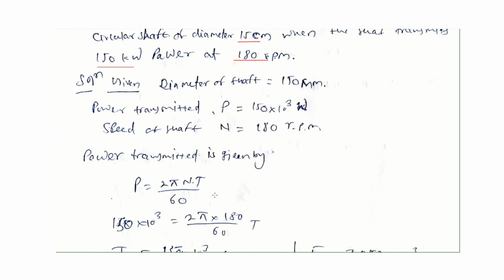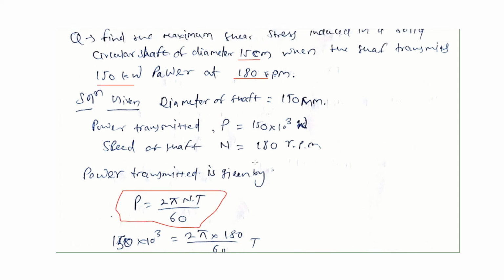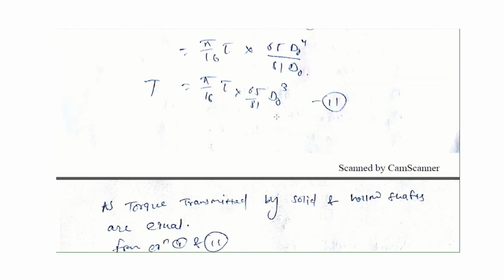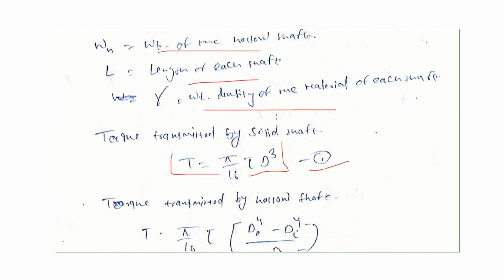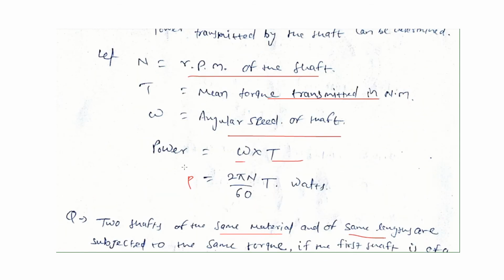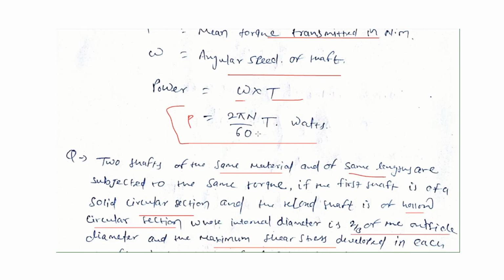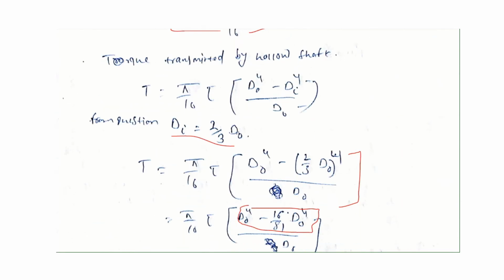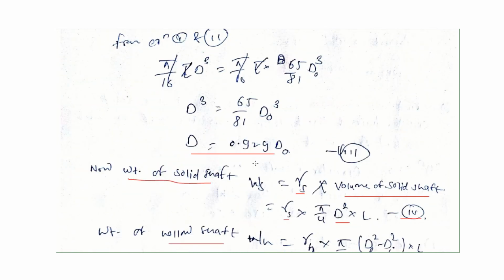P equals 2 pi n T by 60. This was seen in the previous derivation, and this is the power transmitted by the shaft.